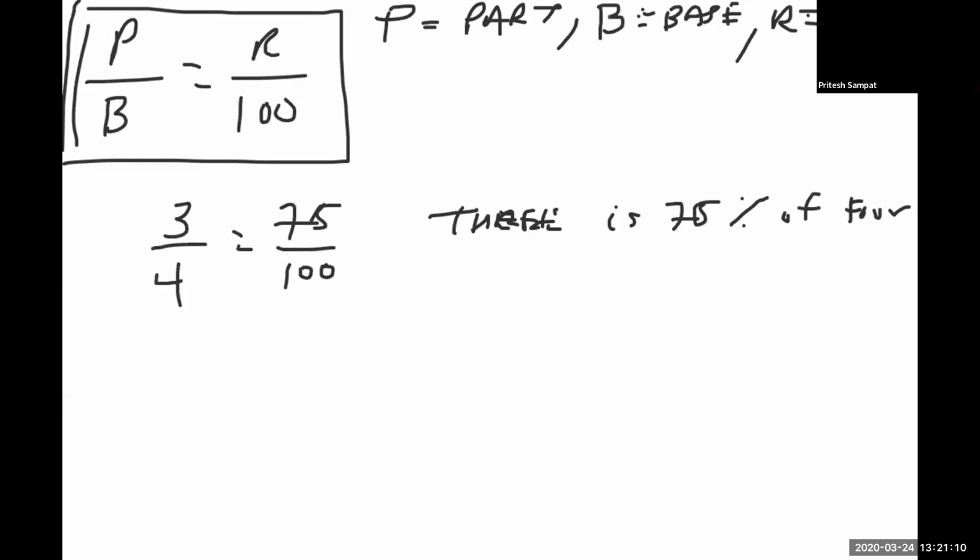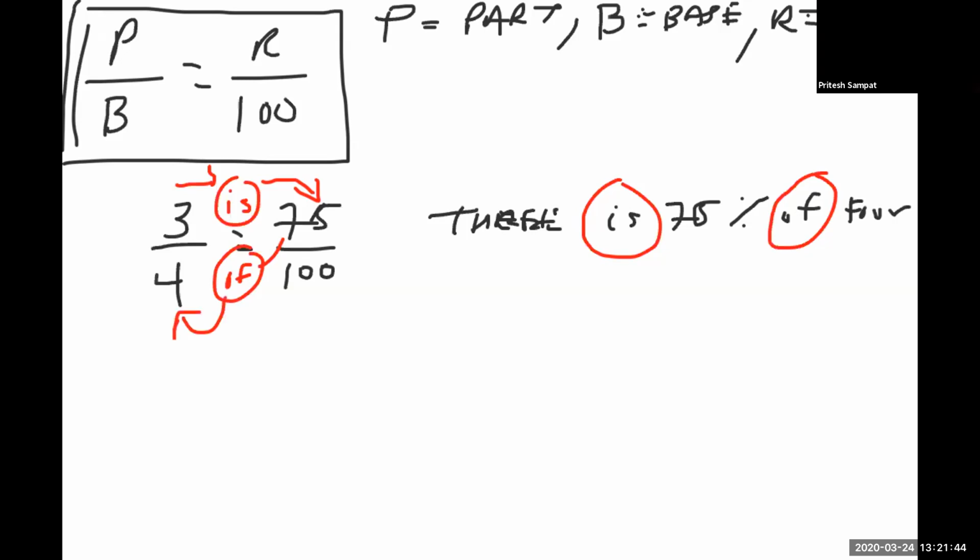Now, if I'm going to break this down, I want to highlight the words is and of, and that indicates what we need to do when we're placing these values into our equation. So you'll notice that 3 is 75% of 4. And that's the way I like to look at it.